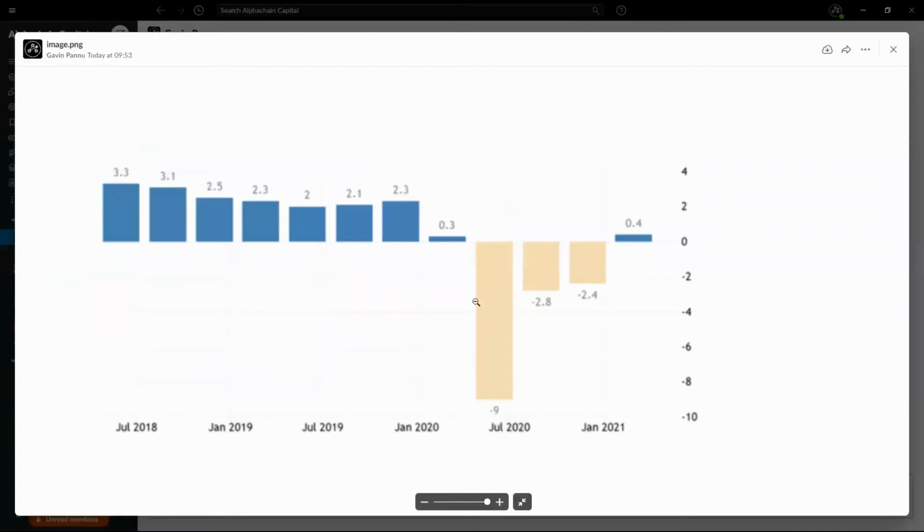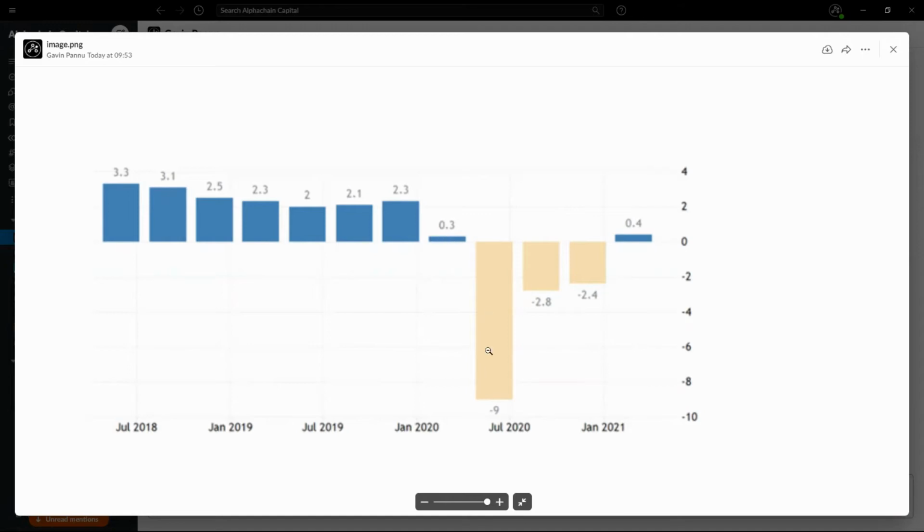Okay, so what we have here is the ongoing GDP rate, the annual growth rate in the US. And as you can clearly see, pre-COVID, you saw sort of 3.1, 3.2, 2.5, 2.3, 2.1, 2.3, and then a bit of a drop in the first period going into the new year in 2020.